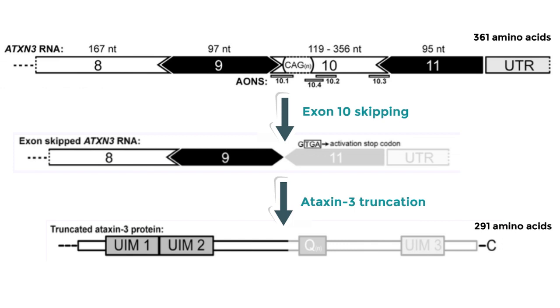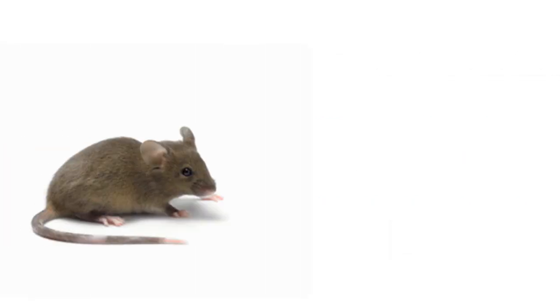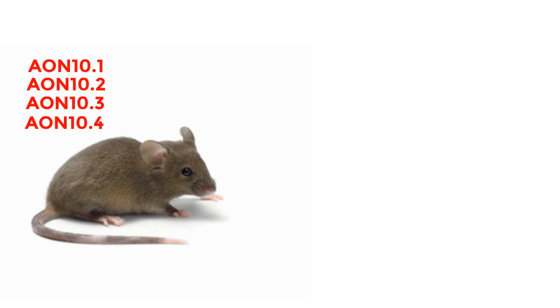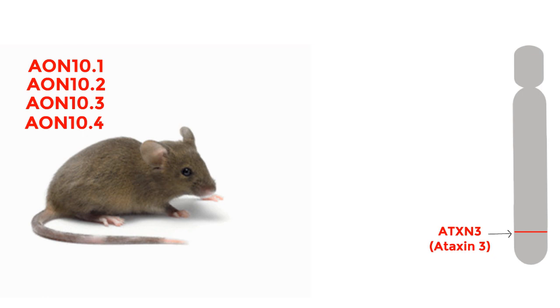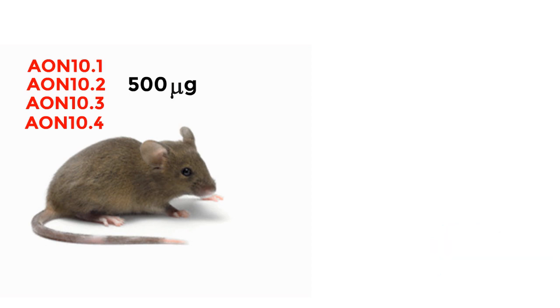To test the feasibility of this approach in vivo, 4 antisense oligonucleotides were designed to target exon 10 of the human ATXN3 gene with 84 CAG repeats. 500 micrograms of the 4 antisense oligonucleotides were injected into a mouse model as a single intracerebroventricular bolus, meaning a fast one-time injection.